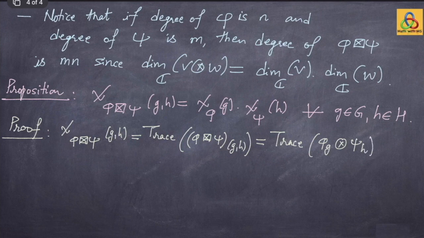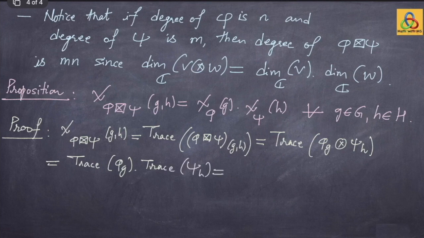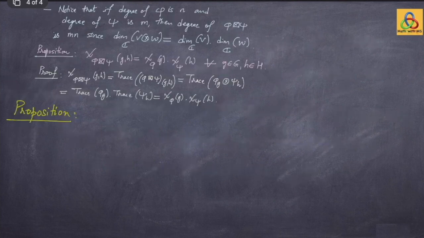And what is the trace of the tensor product of two linear transformations, or equivalently two matrices? It turns out to be the same as trace of phi g times trace of psi h, which is just the same as chi phi of g times chi psi of h. Thus it is quite simple to compute characters of the exterior tensor product of representations.